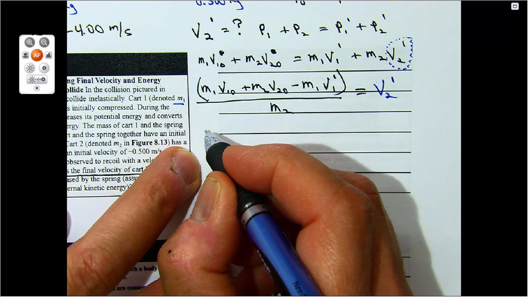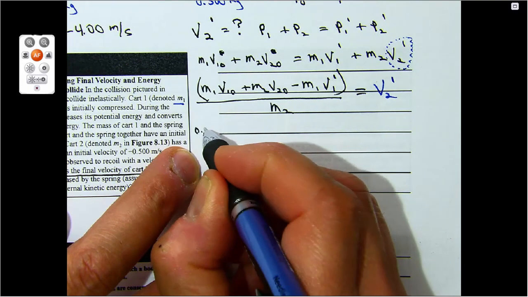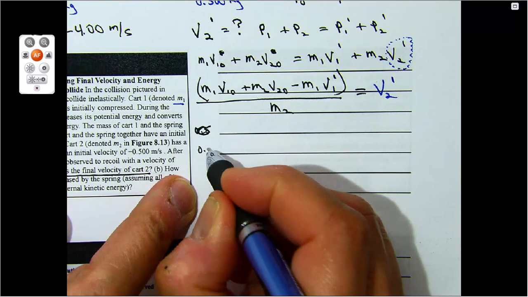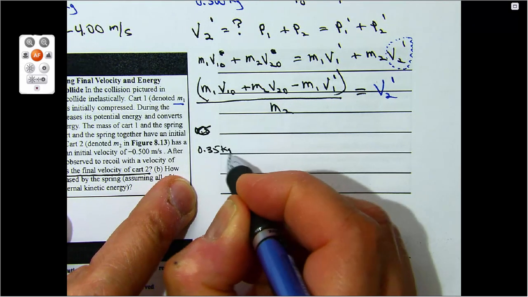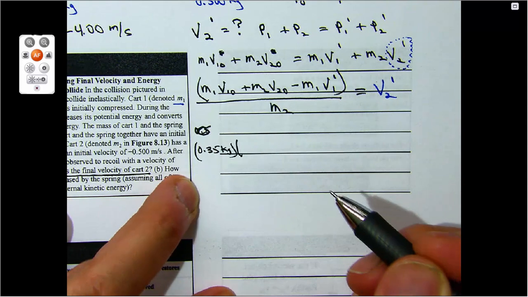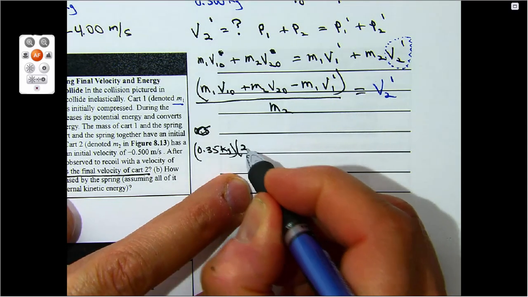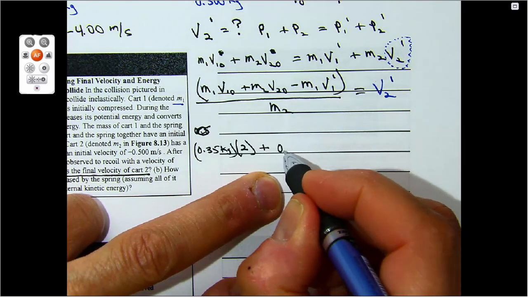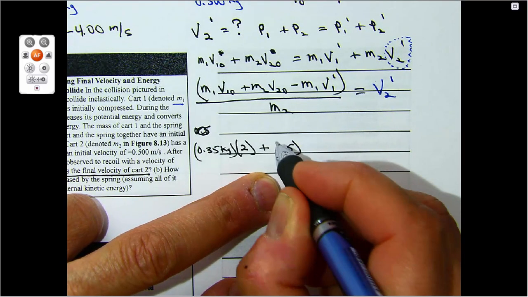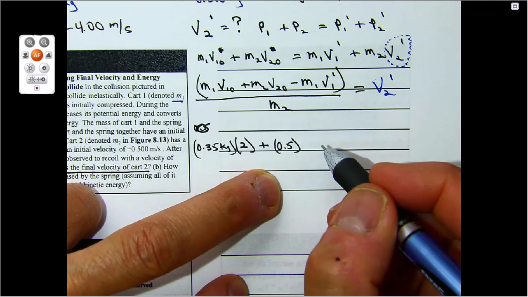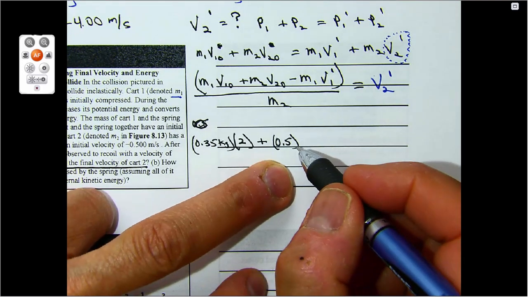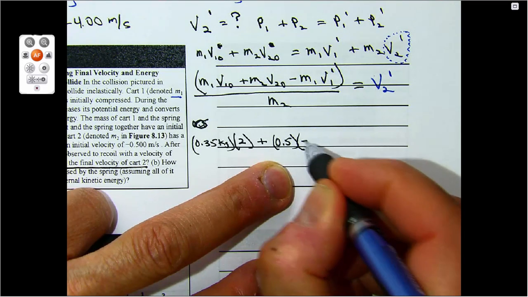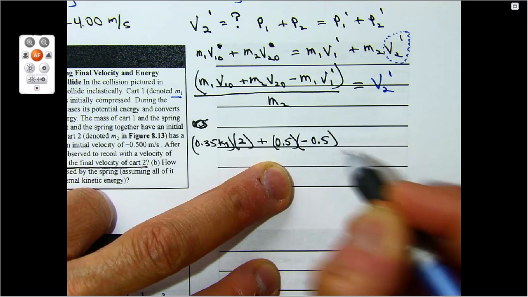So mass 1 is 0.35 kilograms. Oops, and why'd I write 0.5? V1 prime is 2. Mass 2 is 0.5 kilograms. I'm going to get rid of my units. I know I've got kilograms and meters per second. V2 initial is negative 0.5.